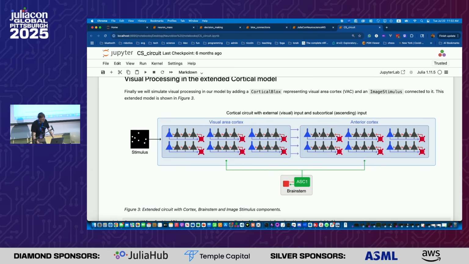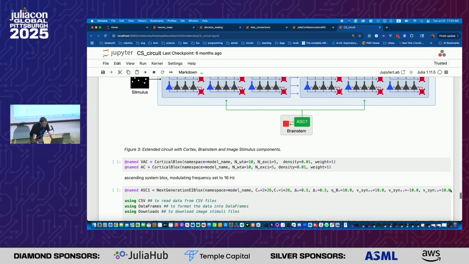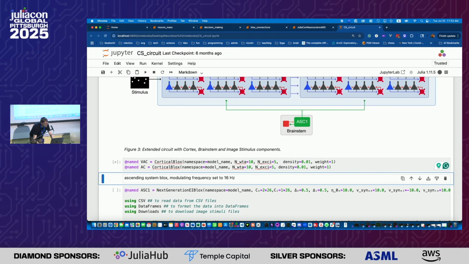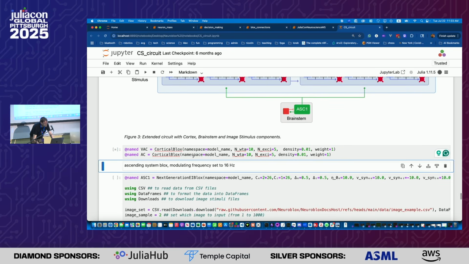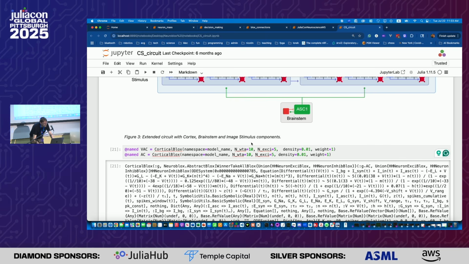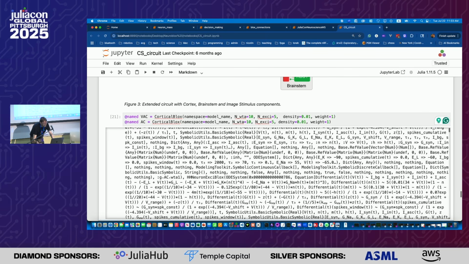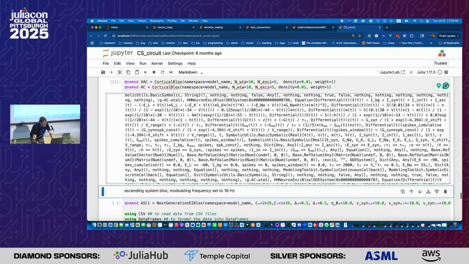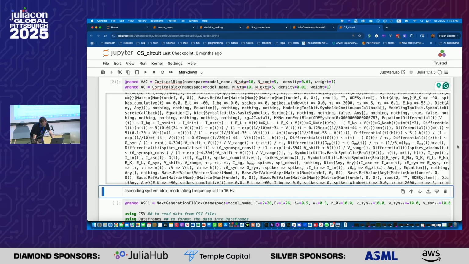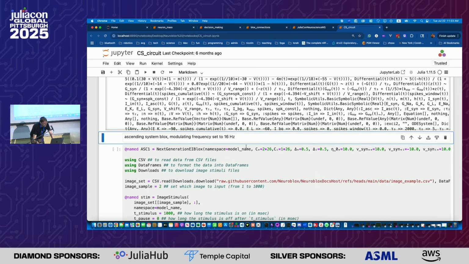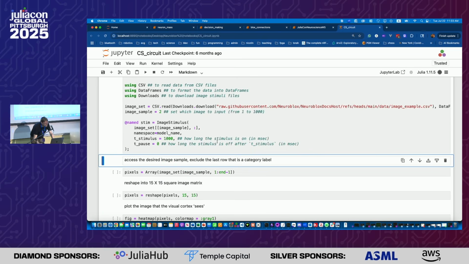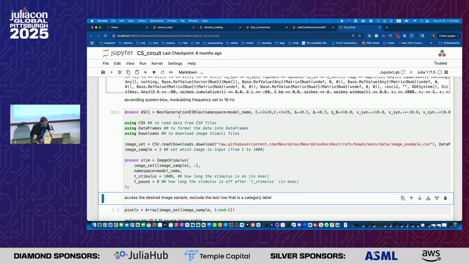Okay. So here I just want to build this for you. We build now two cortical regions, both with 10 winner-takes-all circuits, and you can already anticipate that the compile time will be longer. Then we're creating the ascending system by the next generation neural mass models.